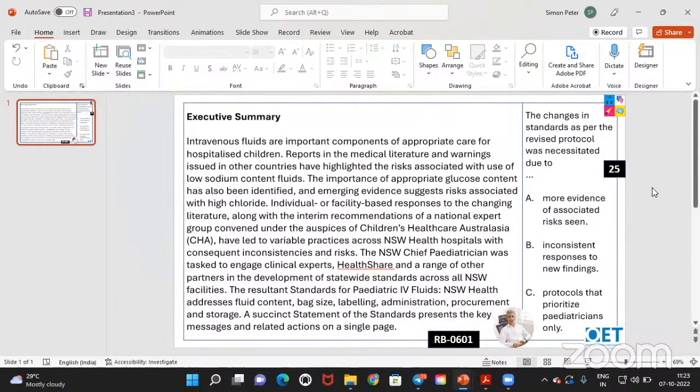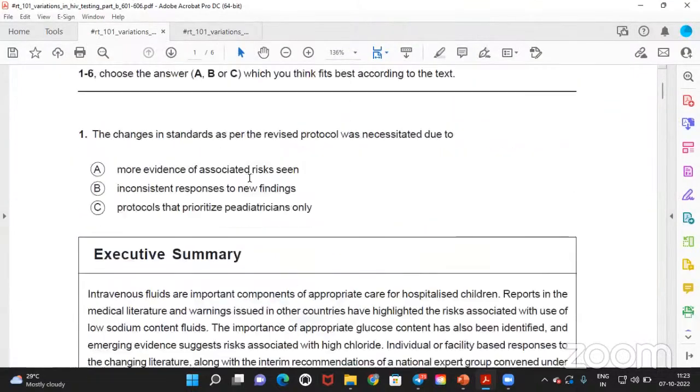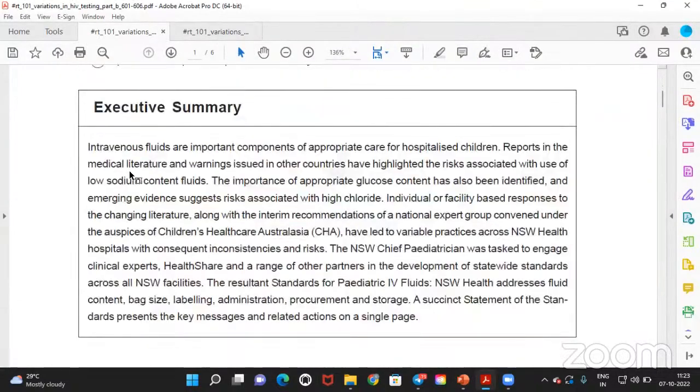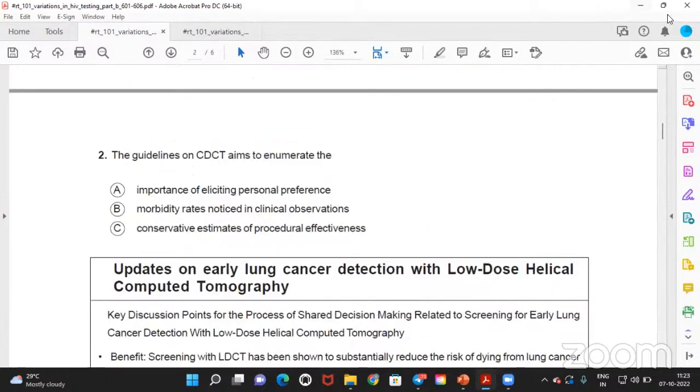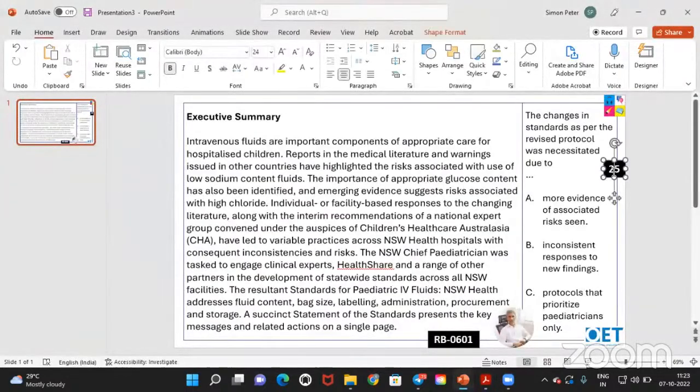So 25. It's a part B, 1. Okay. You can consider it as 1. Part B, 1. Okay.